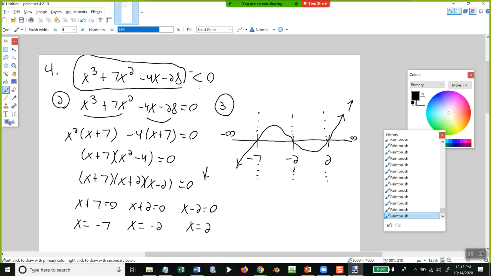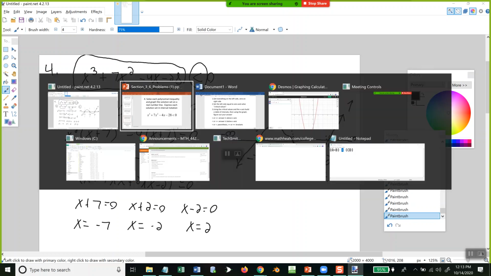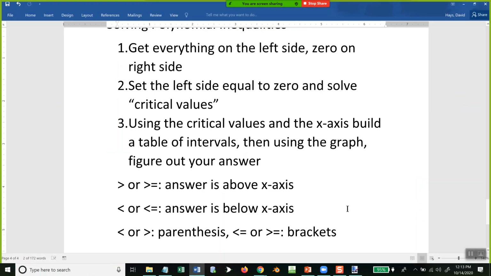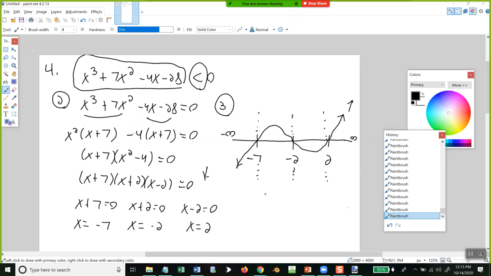Now our problem was a less than. Remember from our instructions, a less than means your answer is below the x-axis. So it's below here, and it's below here.